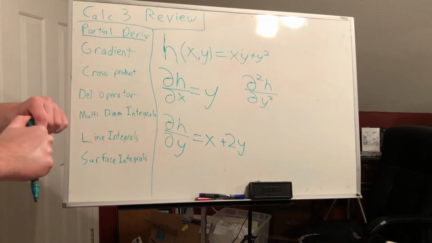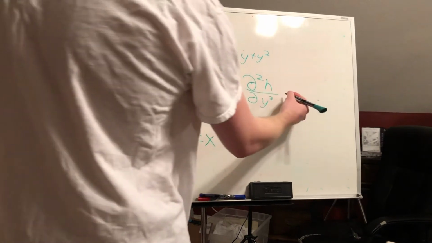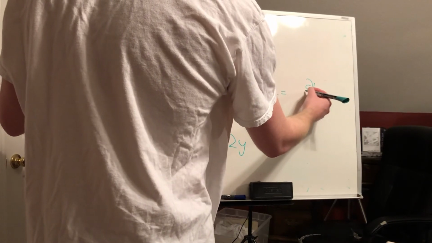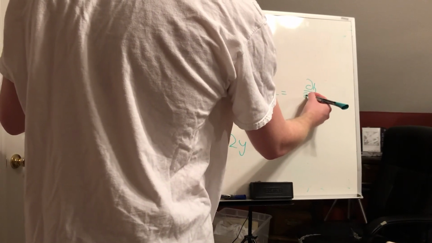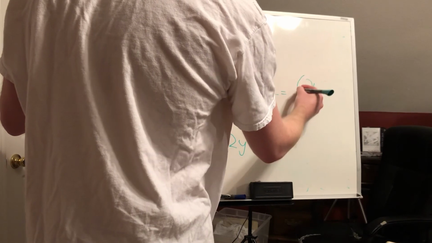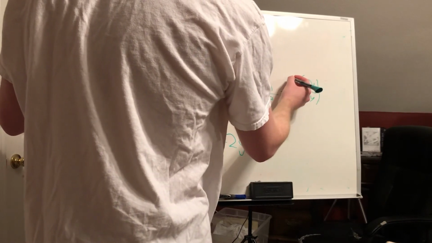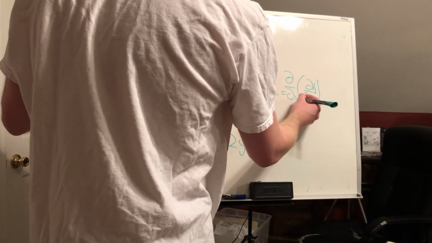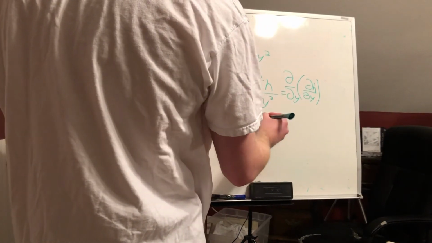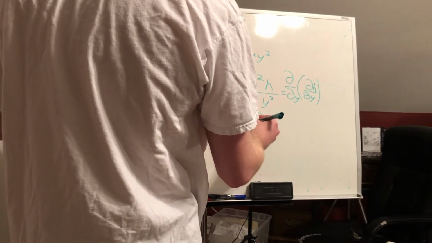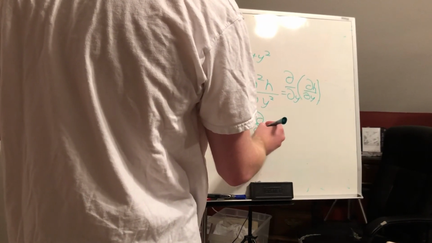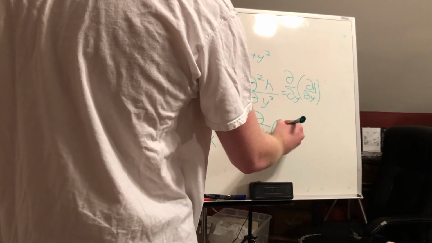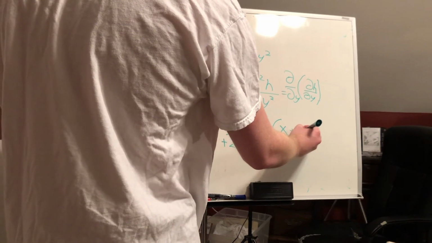But what that means is we take the derivative of h with respect to y, and then we take the derivative with respect to y again. So in this case, we would take the derivative with respect to y of x plus 2y.